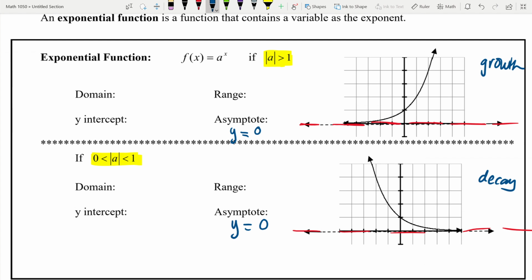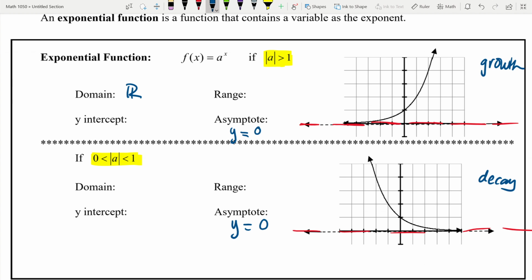Okay, look at the top graph. Domain is x. Start small. If you're over here really small versus moving to the right, everybody in the room tell me the domain of that top graph. Everything, right? All real numbers, negative infinity to infinity. Range is y. Start low on the y's. If I'm really far down low, does that top graph touch my y?